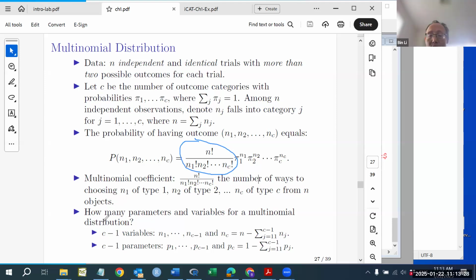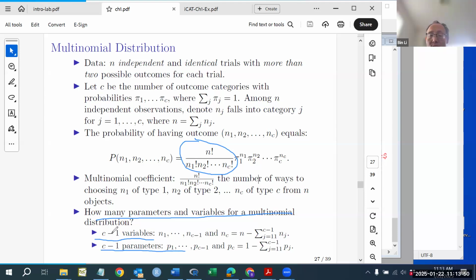So how many parameters do we have for a multinomial? We only have C minus 1 variables, n1 through n(c minus 1), and we have C minus 1 parameters, pi 1 to pi (c minus 1).